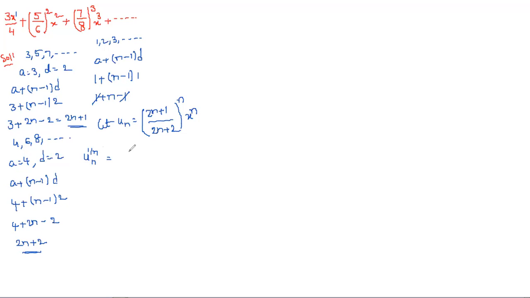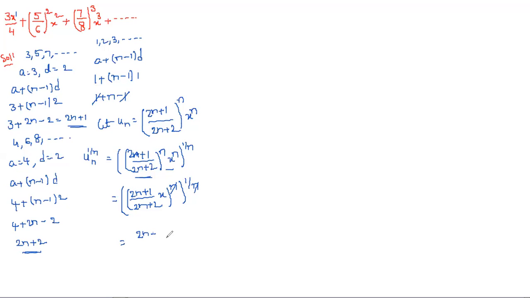So un^(1/n) is ((2n + 1)/(2n + 2))^n x^n, the whole to the power 1/n. Simply we can write this as ((2n + 1)/(2n + 2) into x)^n, whole to the power 1/n. Since (ab)^n was written as a^n b^n, the powers n and 1/n cancel. So un^(1/n) we got as (2n + 1)/(2n + 2) into x.